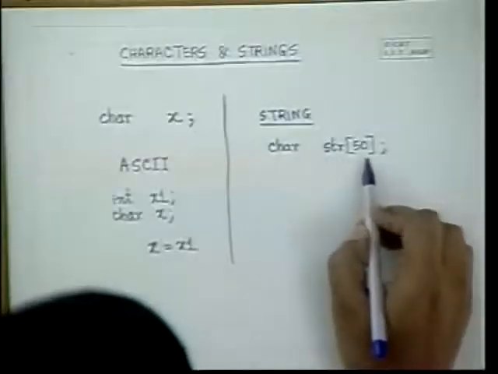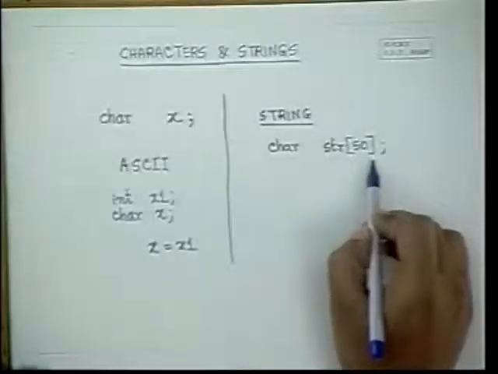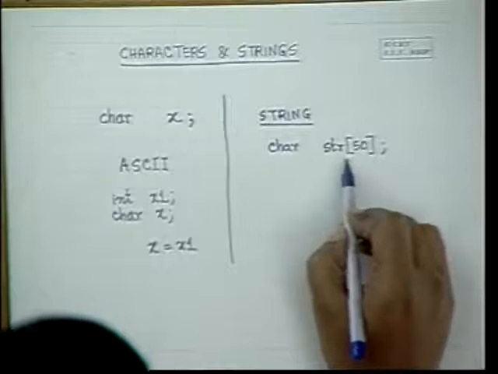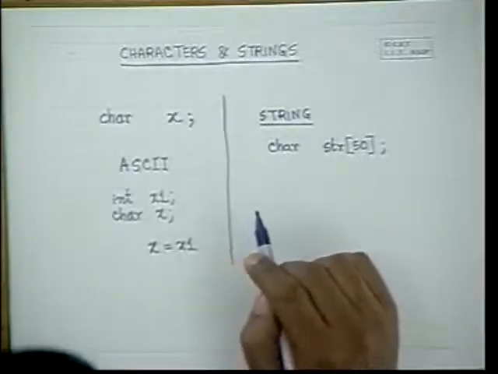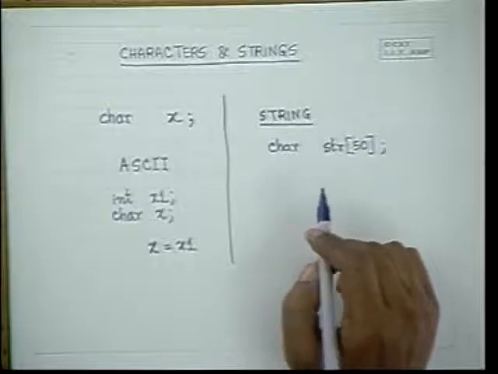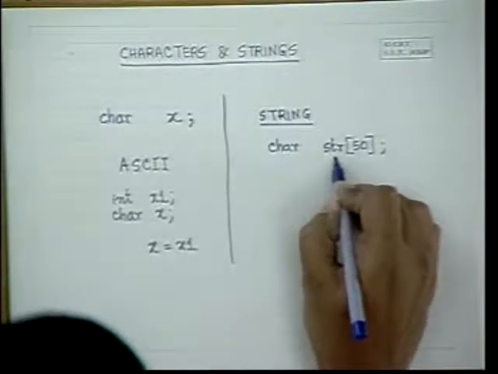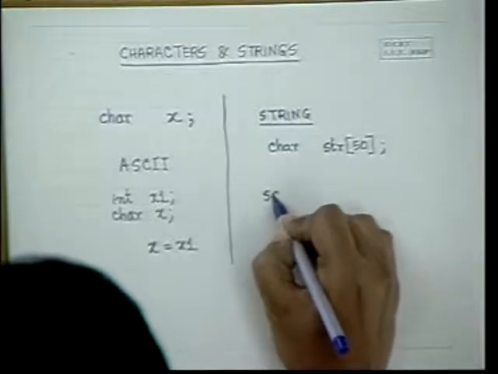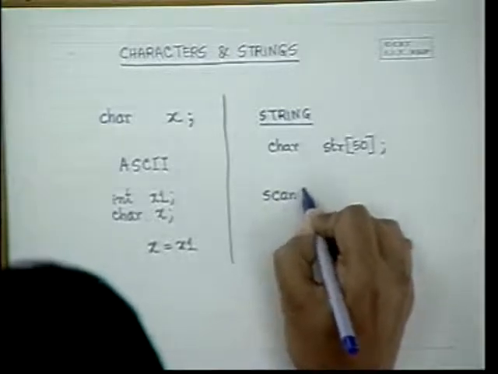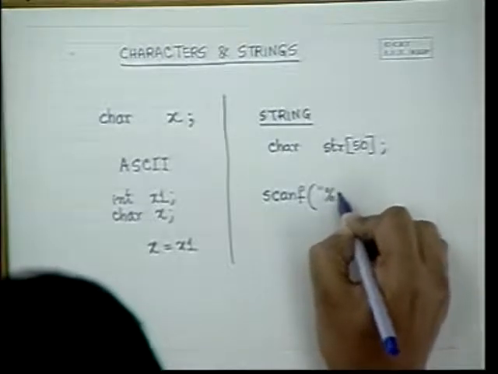As I mentioned earlier, a string is defined as a character array. So you can define it as a character array and use it as a string. And C provides certain facilities to directly read and write strings. If you want to read the string str, you have to give scanf with the %s format.